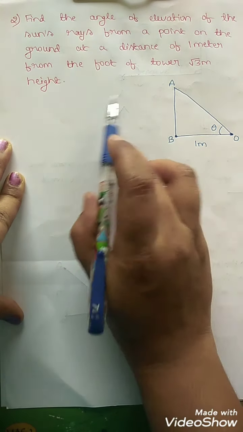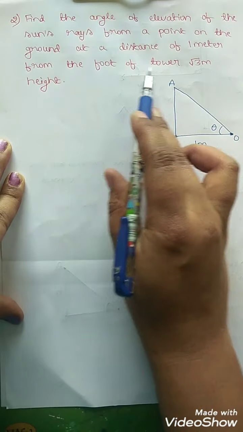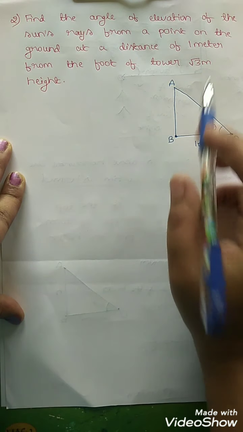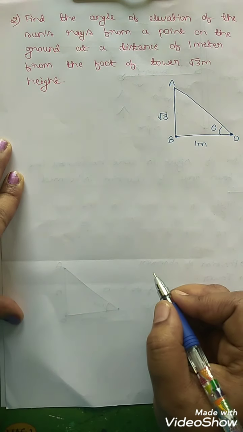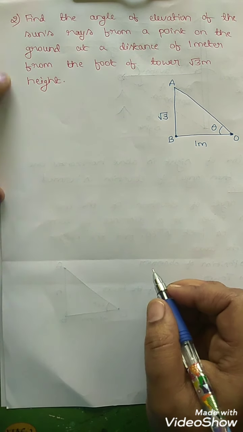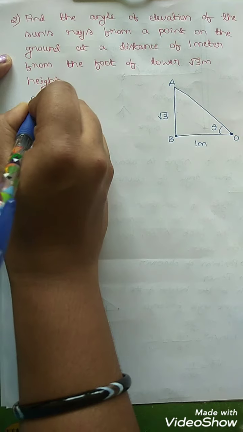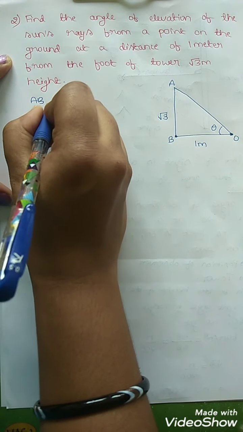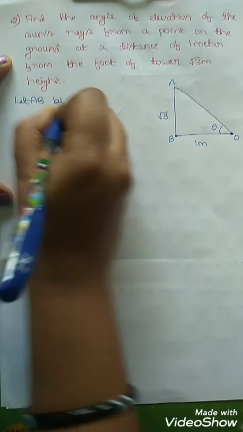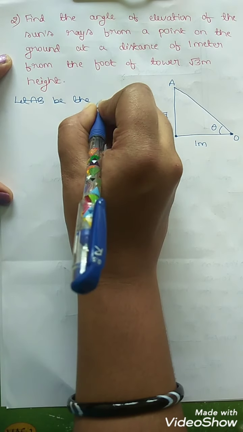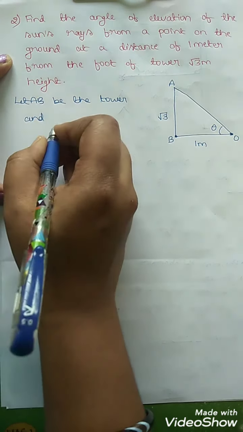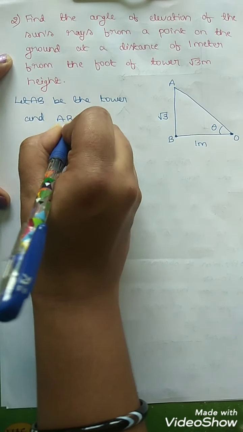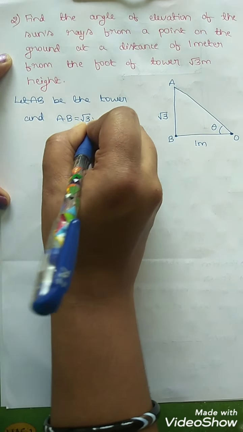So here 1 meter from the foot of the tower, root 3 meter height, which means the height of the tower is root 3 meters. Let AB be the tower, and AB equal to root 3 meters.